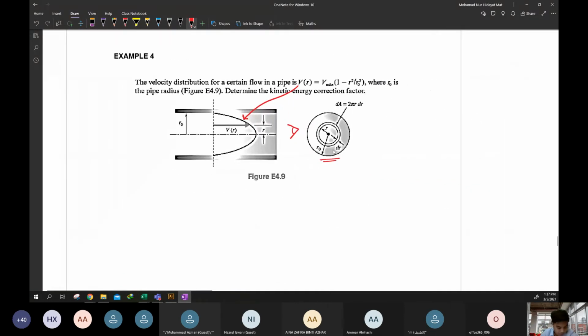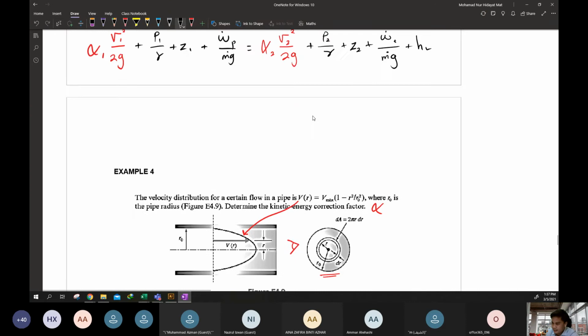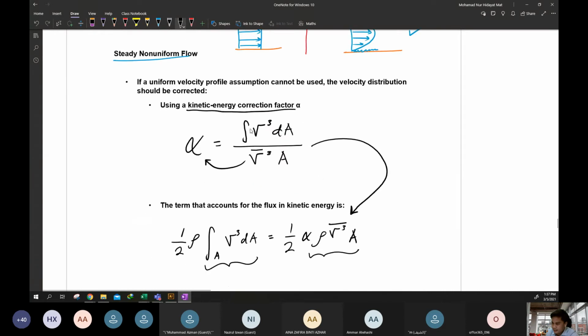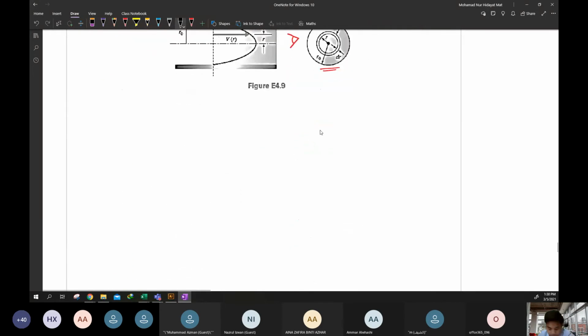Okay, so to find the kinetic energy, this is the question asked. Determine the kinetic energy correction factor, which is alpha. So to find alpha, we must know the average velocity. Okay, because why? You look at here, you see we have the average velocity cubed multiplied with the area.